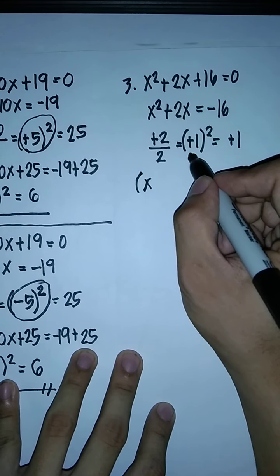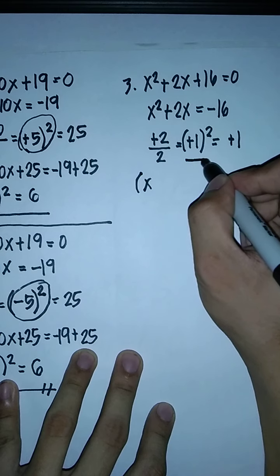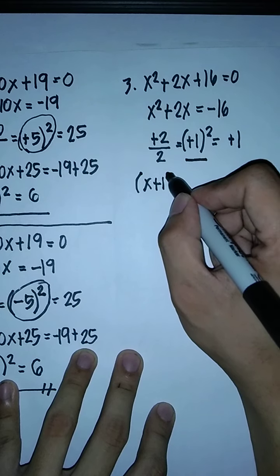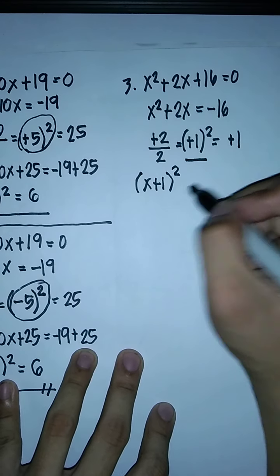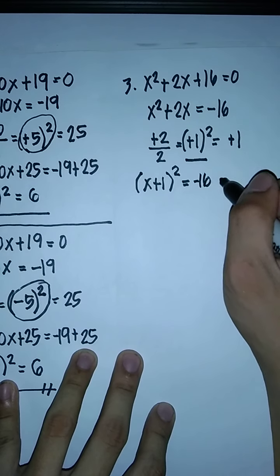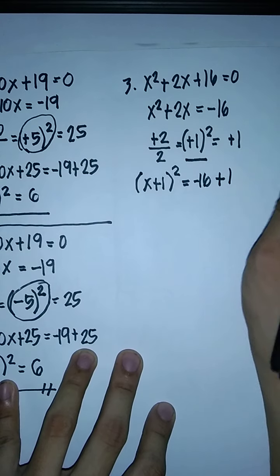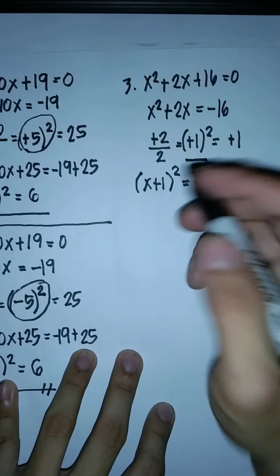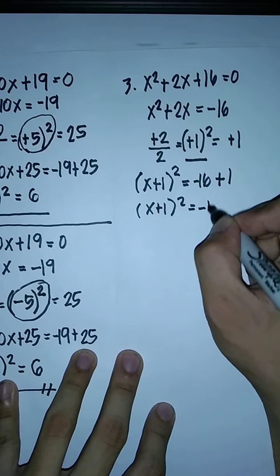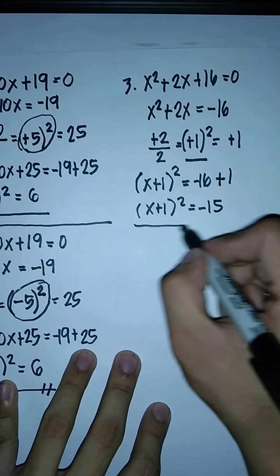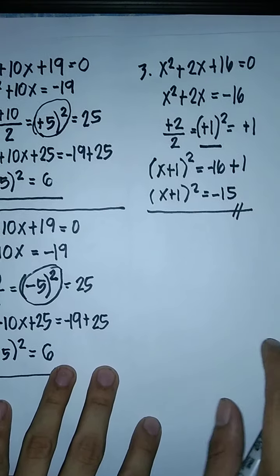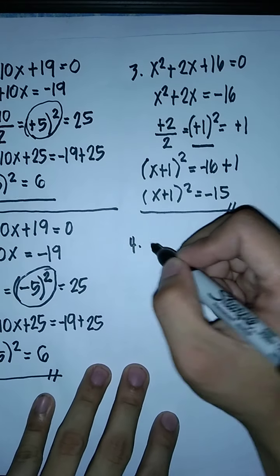And then, let's just take note yung ating in-squared na number, kasama yung sign, we will have positive 1 squared is equal to, dito tayo, we have negative 16 plus 1. And simplifying this our right hand equation, we will have x plus 1 squared is equal to negative 15. And that is our completed square.